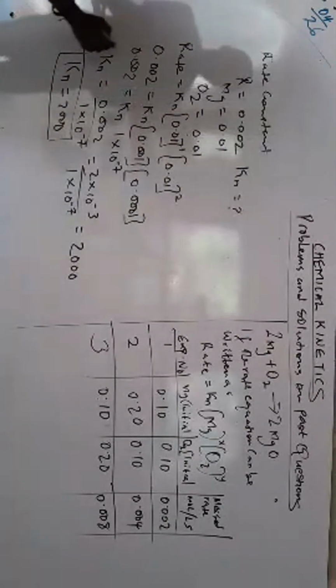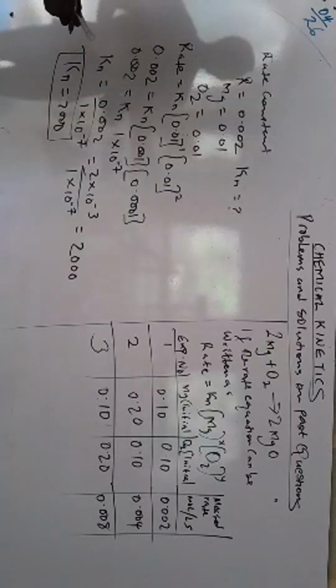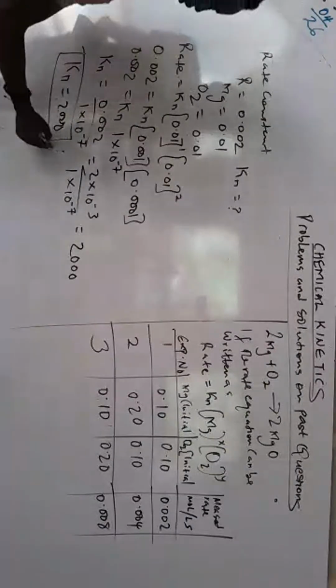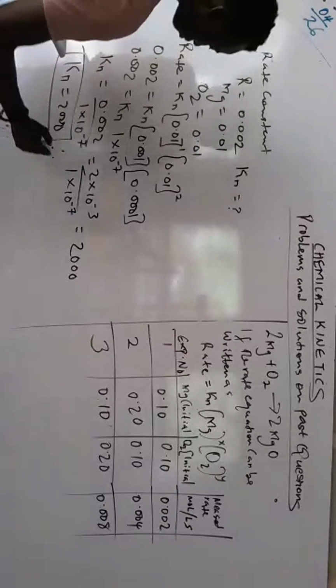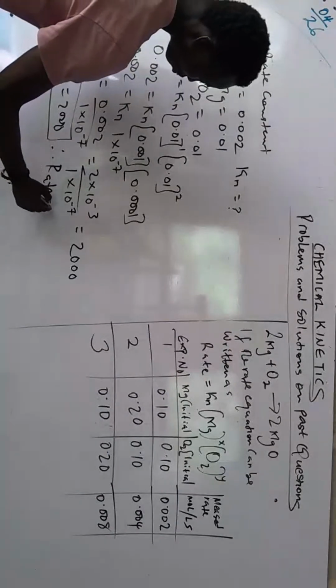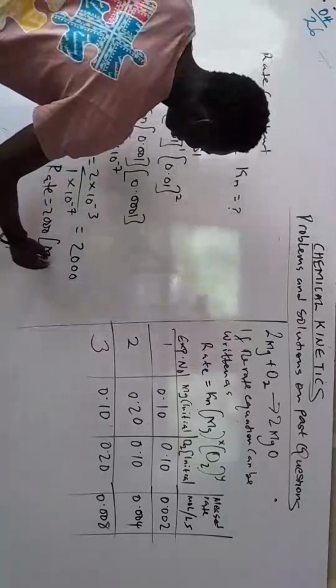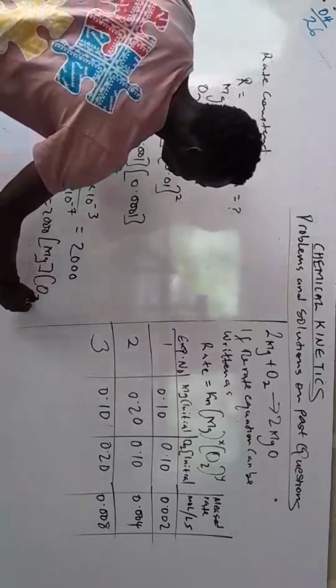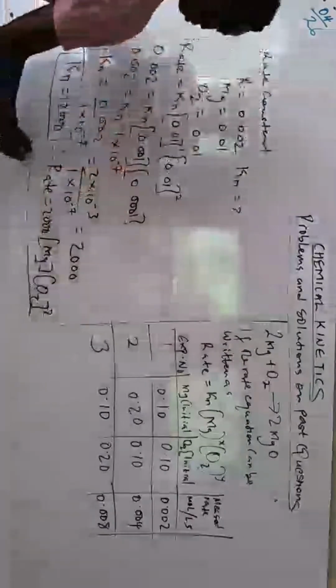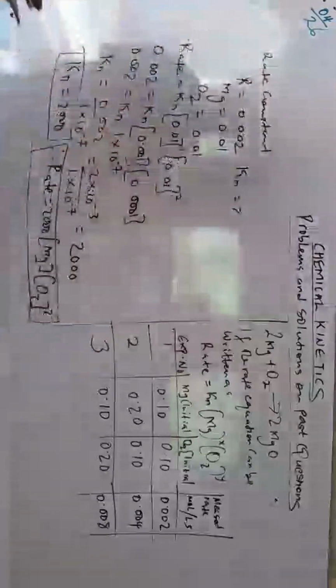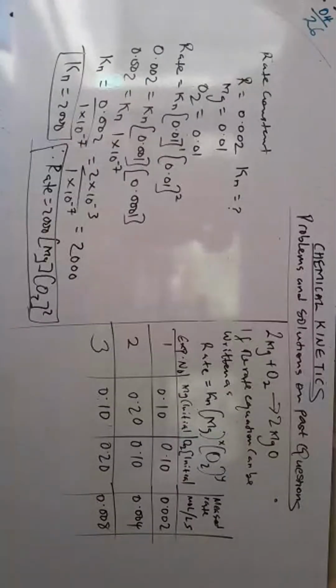If our Kn is 2000, then you can now write, therefore, rate equals to 2000 into bracket Mg, then into bracket O2 raised to power 2. That is exactly what we have there. That is what we need to do. So next class, we shall continue on this and we shall discuss more concerning the past related problem.